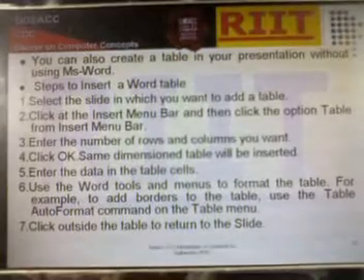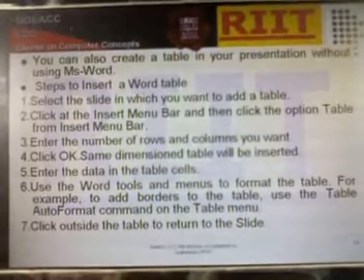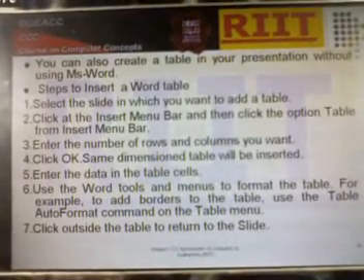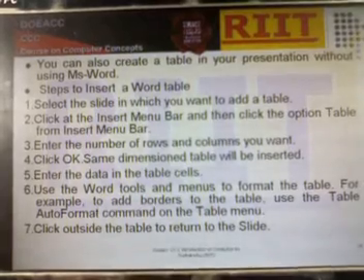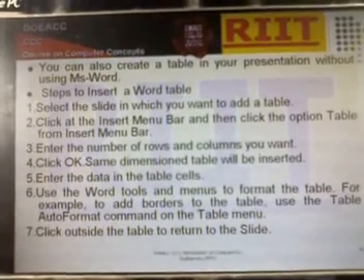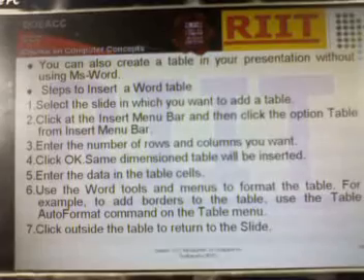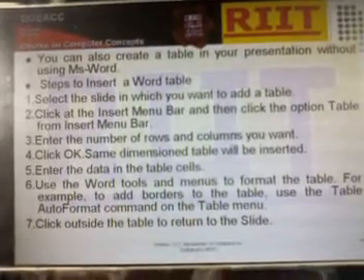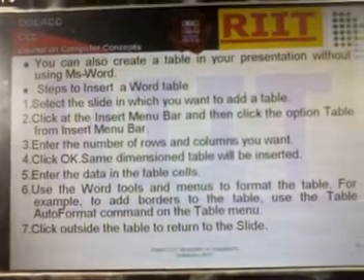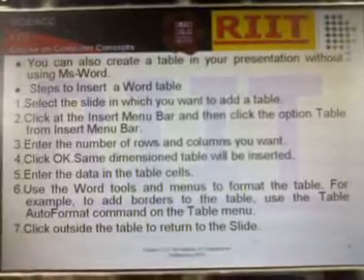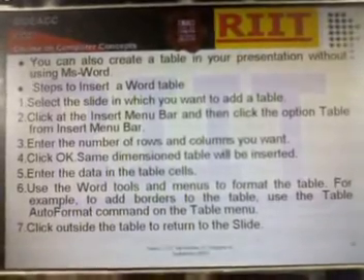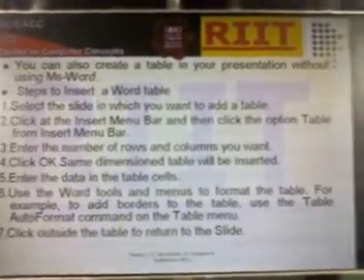Enter the data in the table cells. Use the Word tools and menus to format the table. For example, to add a border to the table, use the Table AutoFormat command on the Table menu. Click outside the table to return to the slide.